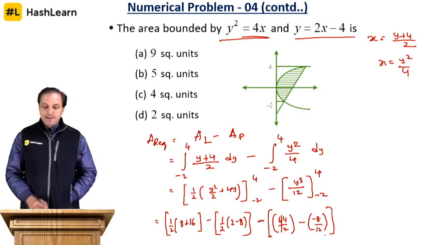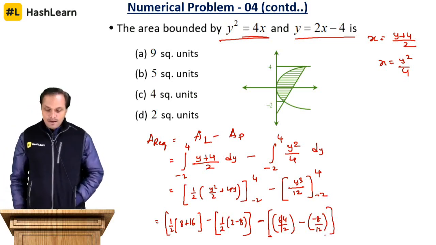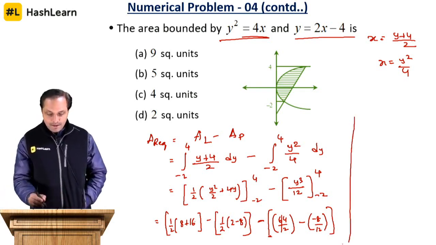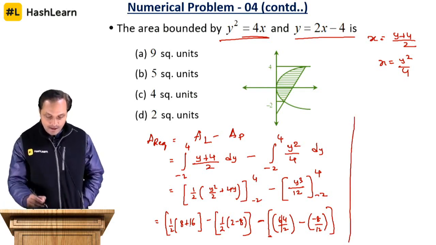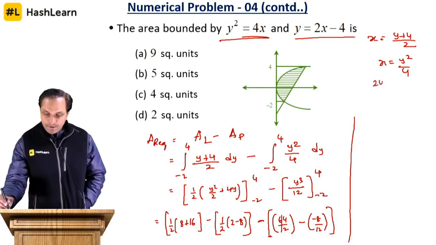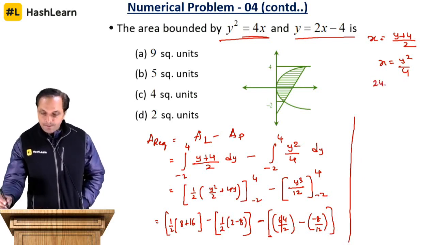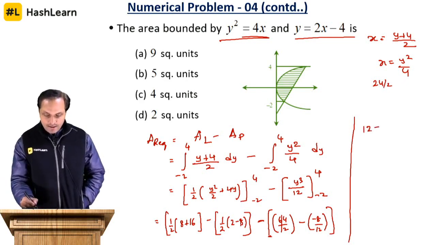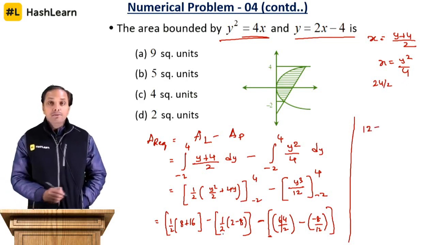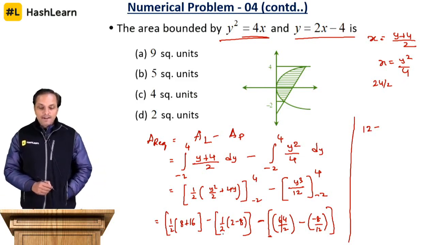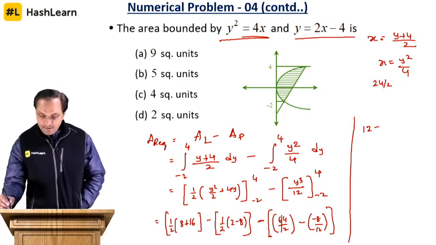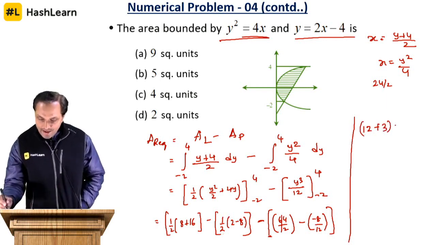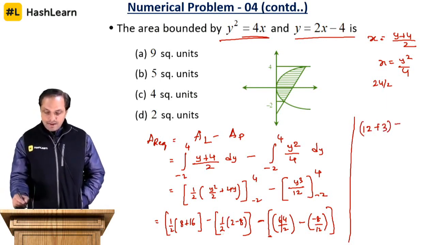Now let us do the simplification part. 16 plus 8 is 24, by 2 is 12, minus, this is minus 8, that will give you minus 6, minus 6 by 2 is minus 3, that will give you plus 3 here.